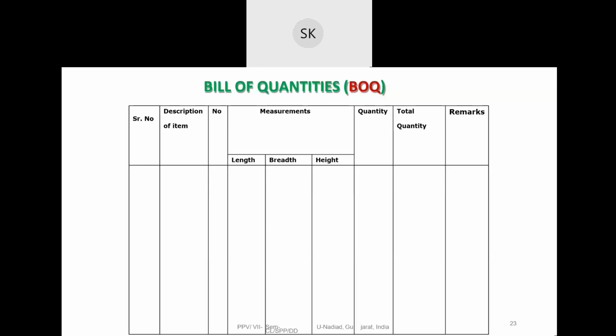There will be quantity, total quantity, and then remarks. So here in BOQ, rate is not mentioned, only the quantity. Specifications will also be given in BOQ: which cement you need to use, which reinforcement, which tiles, which electrical switch. All the specifications will be given here in the description part.